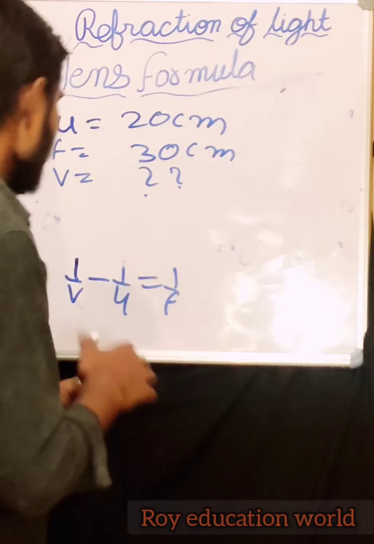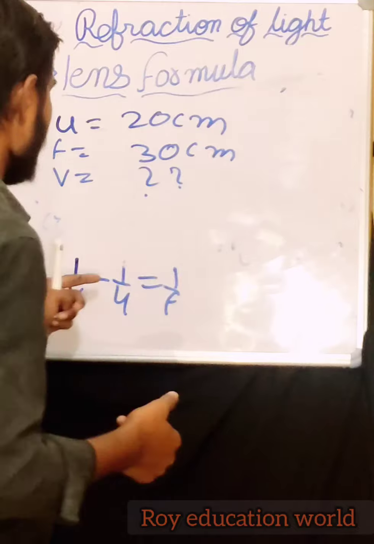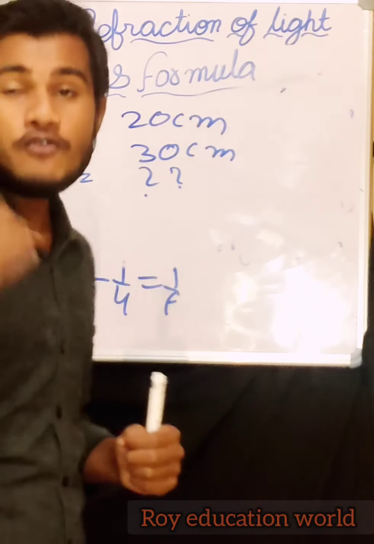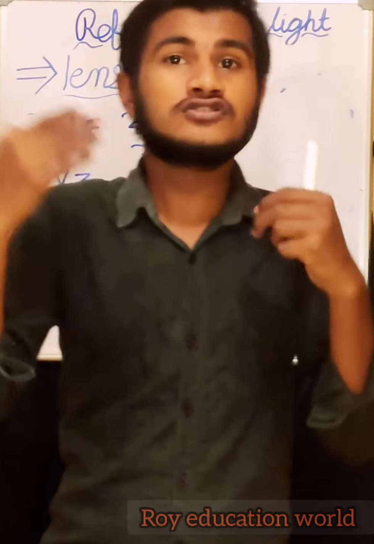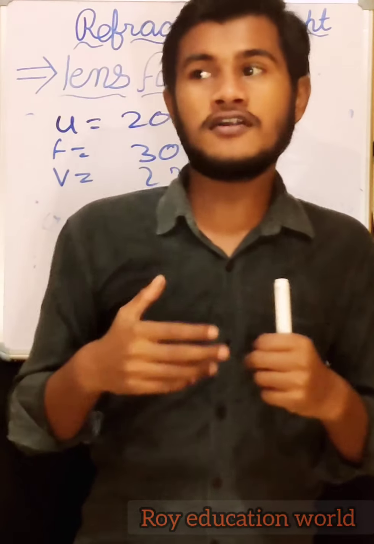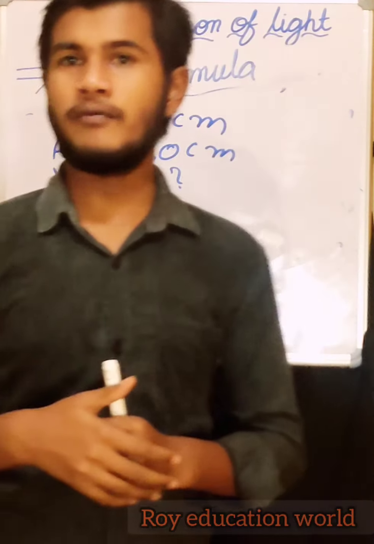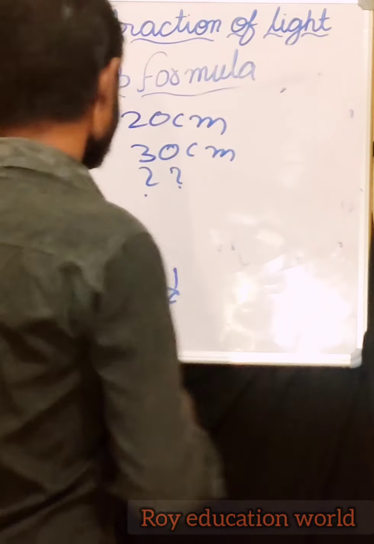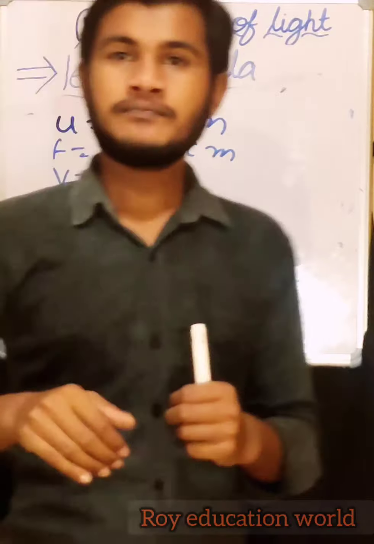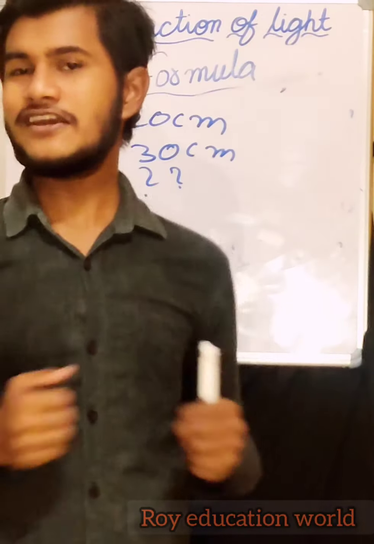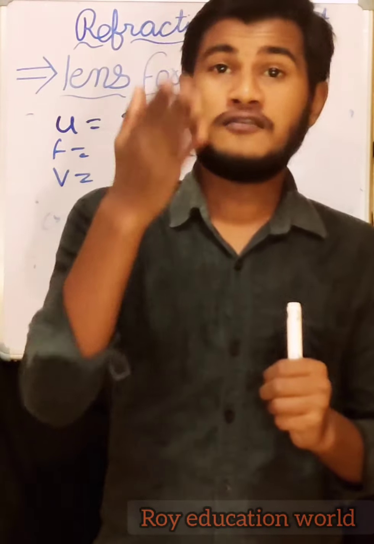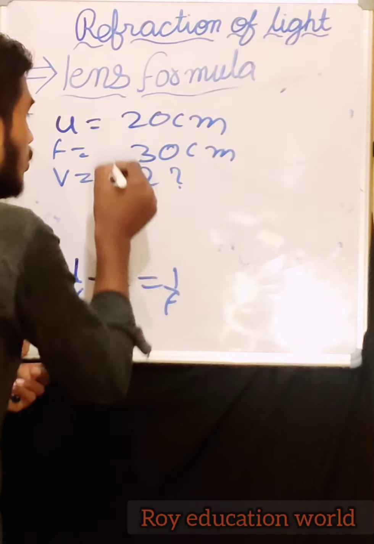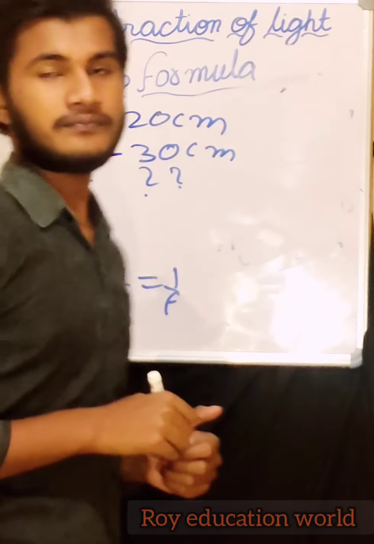Here, we know that 1 by v minus 1 by u equals 1 by f. Now we have to use some common sense, or what we have to remember. We remember that in case of a concave lens, focal length is always negative, so it is going to be minus 30.